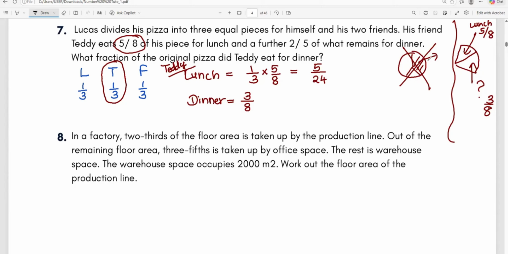Then if we write it from the original one, what is the remaining amount of pizza? The original piece is 1 over 3. From the 1 over 3, 3 over 8 is remaining. From that, he is eating 2 over 5.